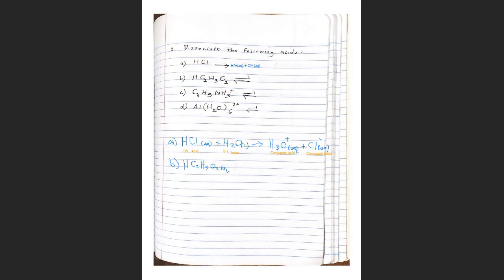The only difference is that in terms of the Bronsted-Lowry representation, it's only going to be a partial dissociation, which means that we will have both the reactants and products in dynamic equilibrium with each other. Very good. Yes. Thank you.